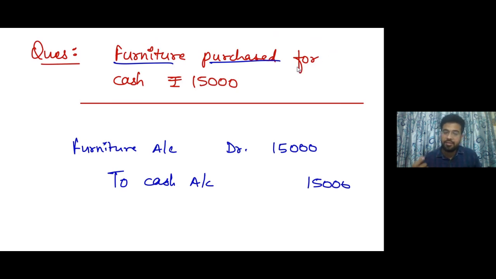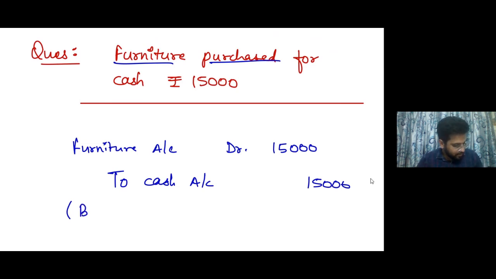Now to complete this journal entry, we also have to write the narration. Obviously, this is going to be an MCQ, so you don't need to write the narrations in the MCQ questions. But just to learn for your upcoming exams, you need to understand the narration.